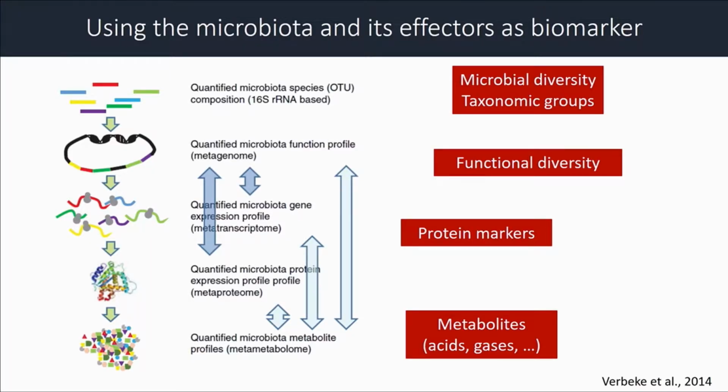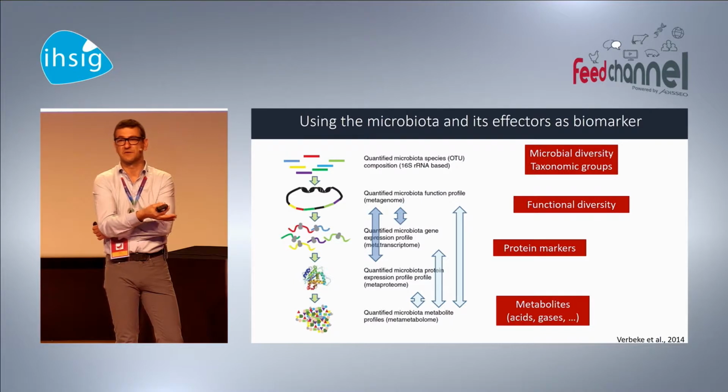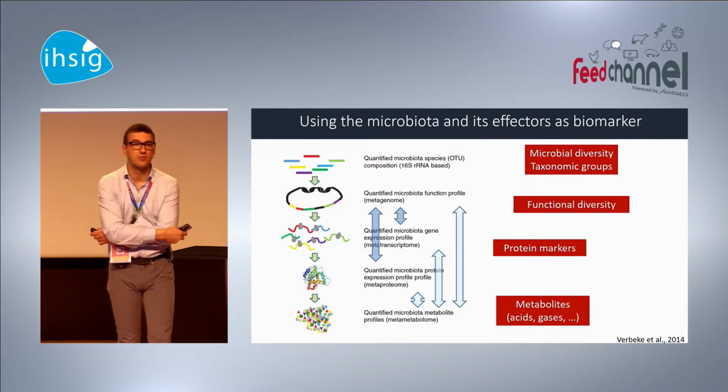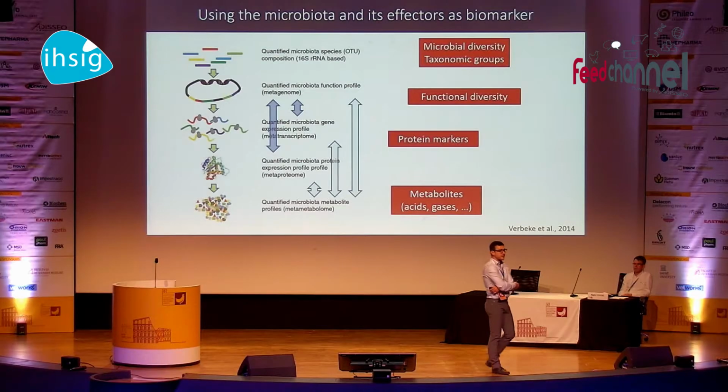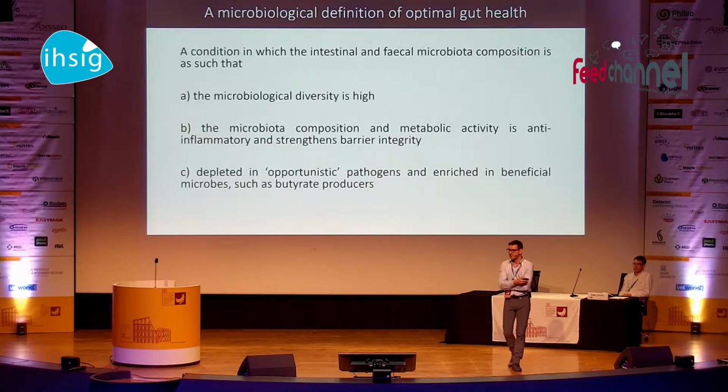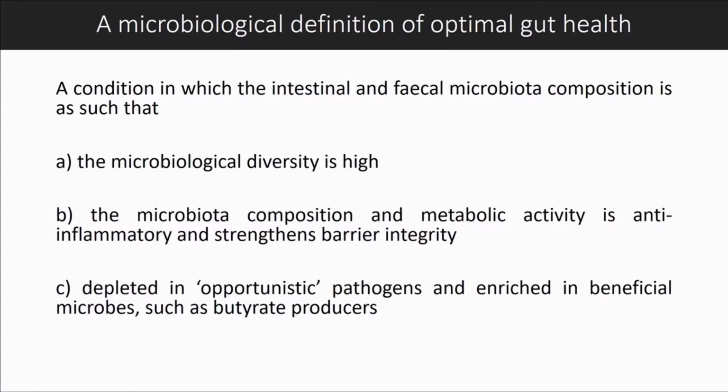Bacteria produce a lot of different molecules and metabolites, and also when you have some kind of dysbiosis, different microbial composition, actually the metabolic profile of this microbiota is changing. And this is also something you can measure, okay? Question is, of course, which metabolites are linked with dysbiosis and inflammation, and which ones we should actually measure. Now, I will come back to that and give a reply to this in a few slides.